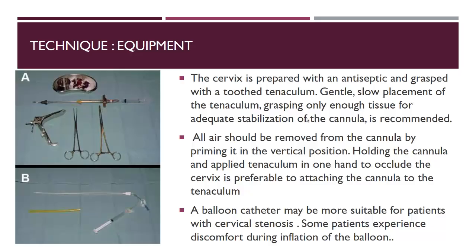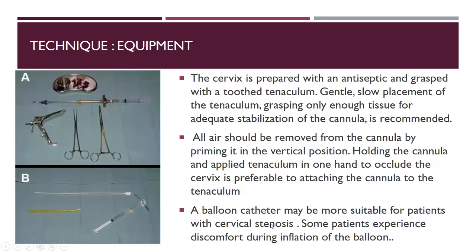Adequate stabilization of the cannula is recommended, and all air should be removed from the cannula by priming it in the vertical position. Holding the cannula first in the vertical position, try to eliminate all the air inside, and then apply the tenaculum with one hand to occlude the cervix well with the cannula.